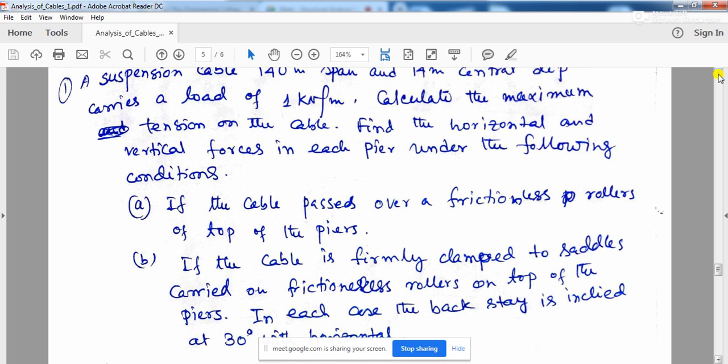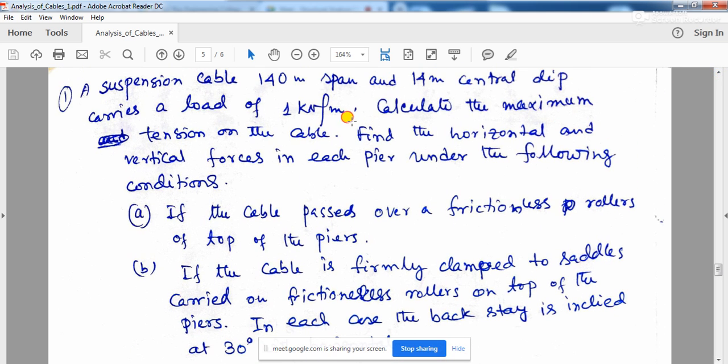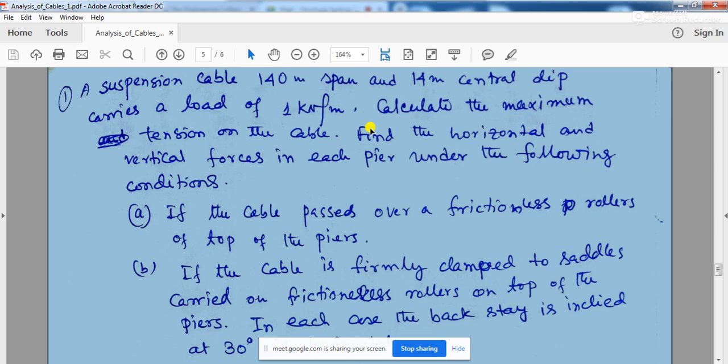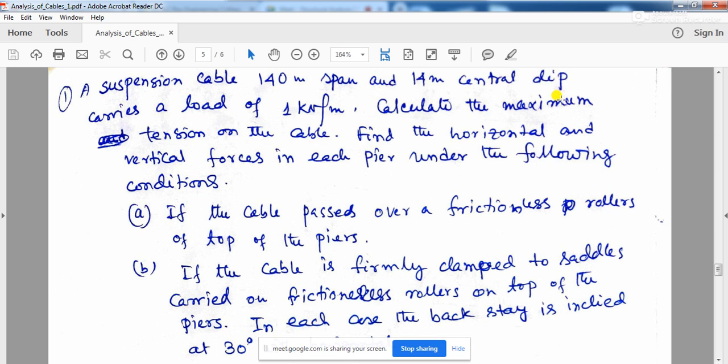So you see, it's very simple to solve. You will observe this: find the horizontal and vertical forces, calculate the maximum tension in the cable. This is very simple to solve.